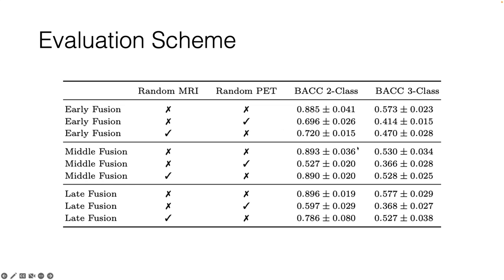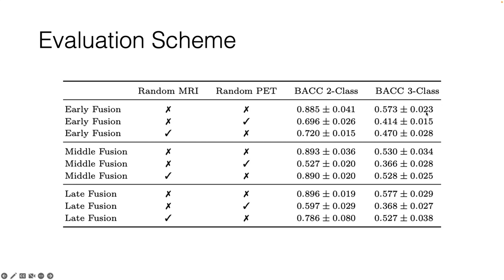From a general overview of these scores, we see significant drops between 2-class and 3-class. We see here, for example, 0.885 and 0.573. These are the scores for just the correct pairings experiment during early fusion.